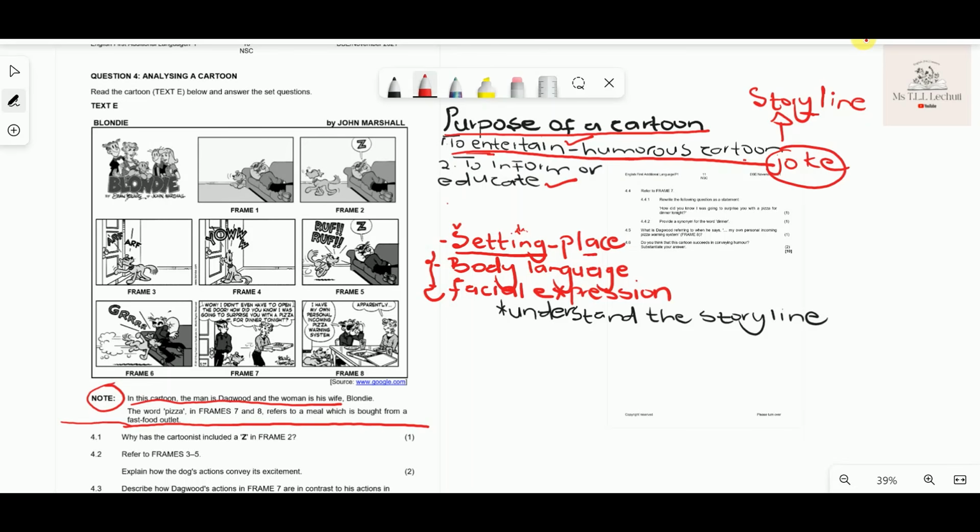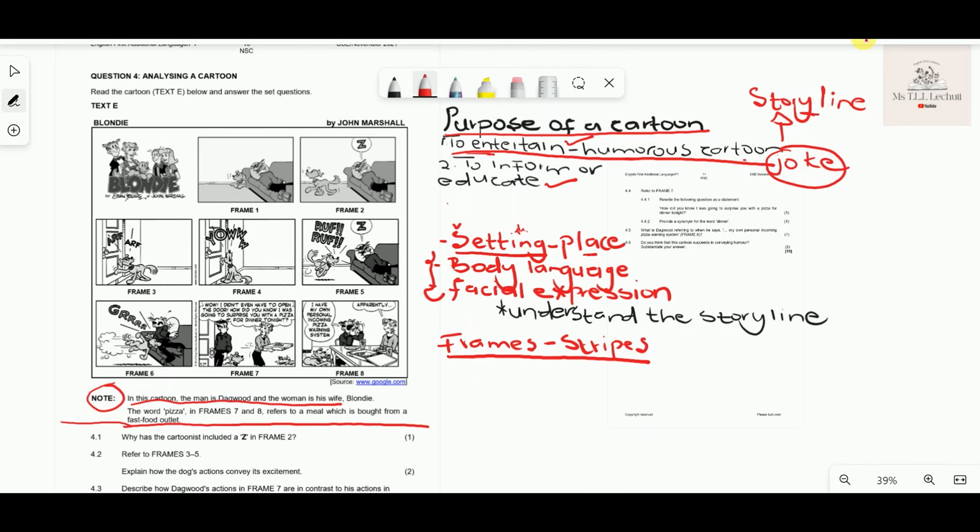And remember that a cartoon is actually a series of frames, or sometimes people call it cartoon strips. Or sometimes you may come across a cartoon with only one single frame. So for you to understand the storyline, as I alluded to in the beginning, you need to check out all the frames.